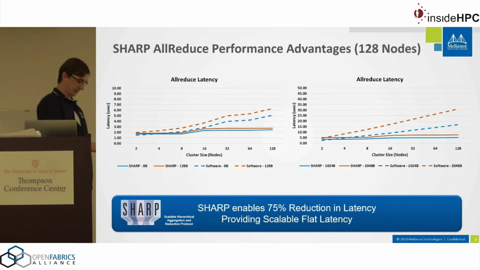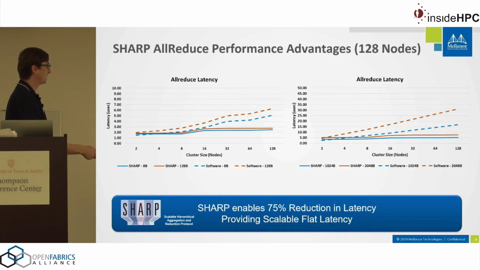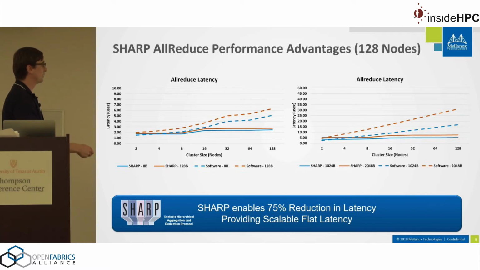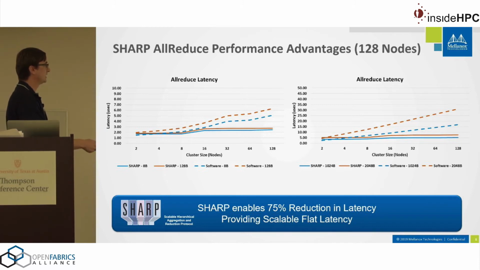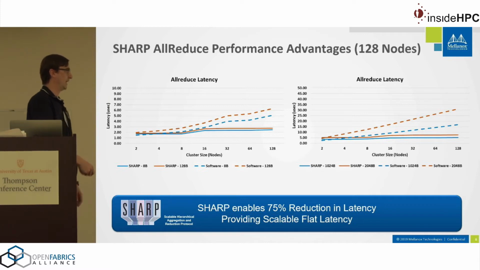In our example, you see for the host-based solution, 8 bytes, 128 bytes, as you start increasing the scale, so does your latency. However, with SHARP, the latency remains relatively flat. The only observation is that once you increase that tree level, you have to absorb that additional switch latency cost, and then it remains relatively flat.